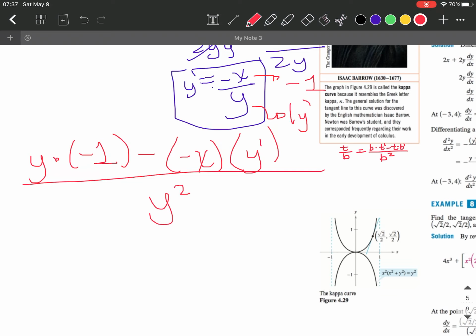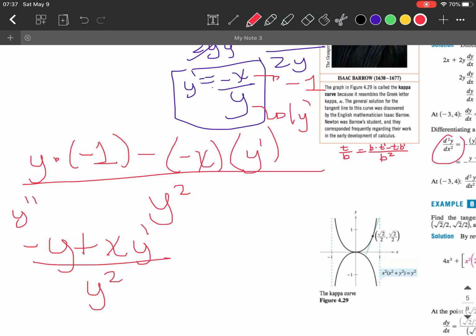Okay, so that's my second derivative, but let me go ahead and simplify it. I get negative y plus xy prime over y squared. This would be my second derivative, or they call it d squared y over dx squared. I'm using y double prime for shorthand notation.